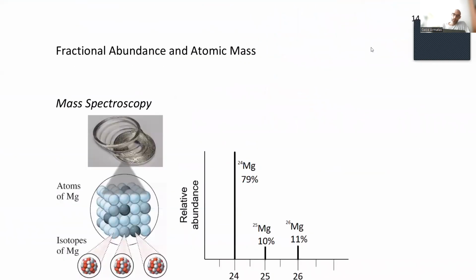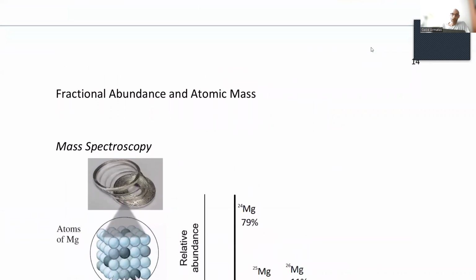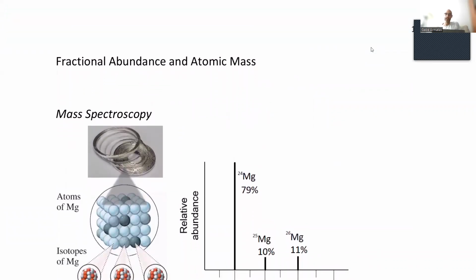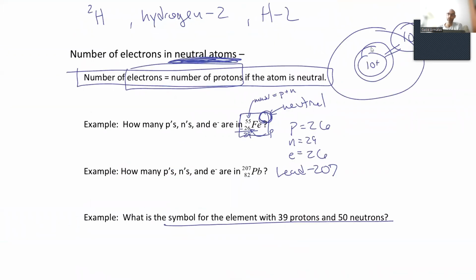All right, good. The next little bit, we're going to talk about fractional abundance. So we have all of these different elements with different amounts of protons, electrons, neutrons, and all of that, and we're learning how to write these symbols.